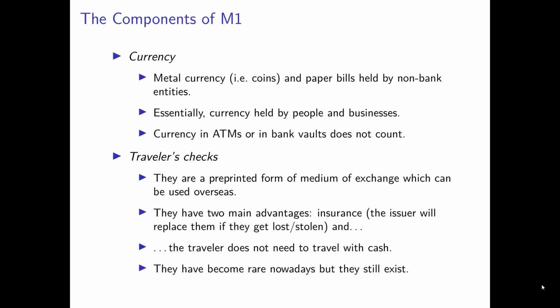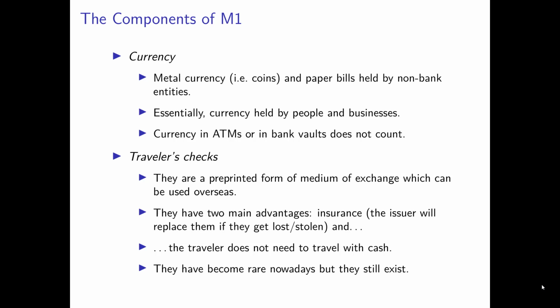Okay, let's talk about the first measure, called M1. The first component of M1 is currency, which is the first form of money that we define in this chapter. This refers to coins and paper bills held by non-bank entities. So essentially, what we focus on here is currency held by people and by businesses.